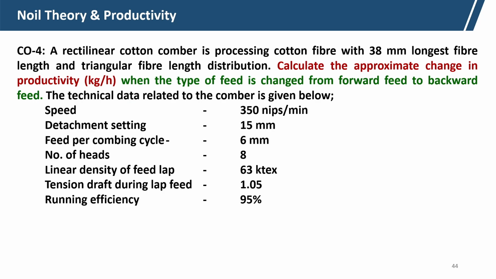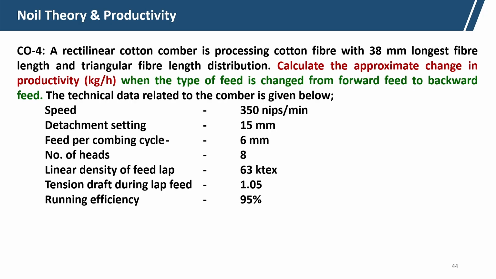Now this numerical is on Noil theory and productivity. We are merging these two concepts. So, here the data are almost the same. A rectilinear cotton comber is producing cotton fiber with 38 millimeter longest fiber length in a triangular fiber length distribution.